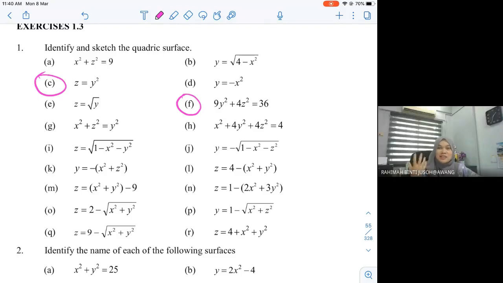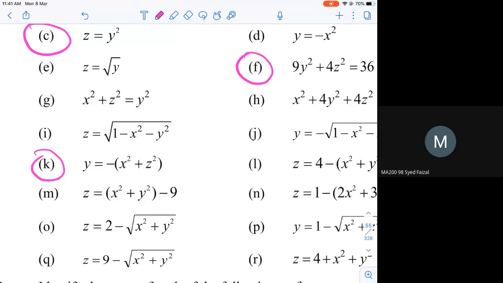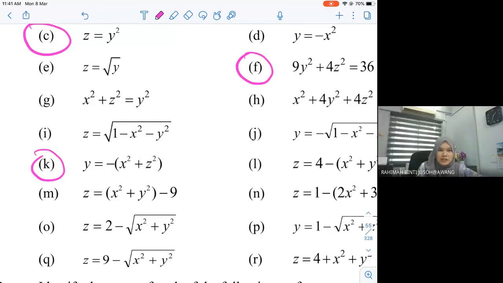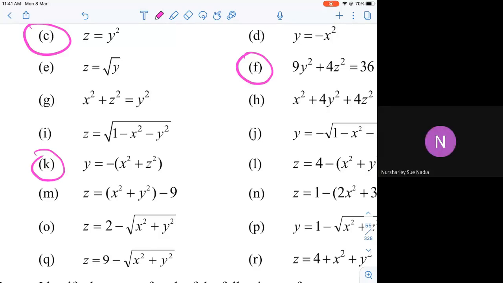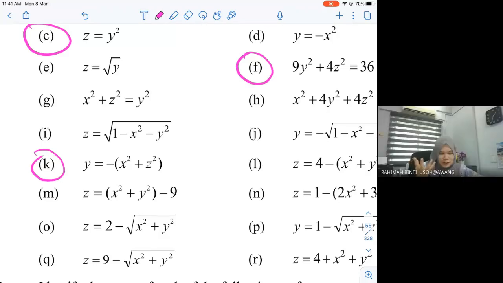Cylinder, tapi dia elliptical cylinder lah. Dia ellipse tapi dia cylinder. Cylinder bentuk ellipse. Okay, good. Very good. How about question K? Bentuk apa? Paraboloid. Yes, mangkuk tom yum. Paraboloid. Okay, good. Very good.